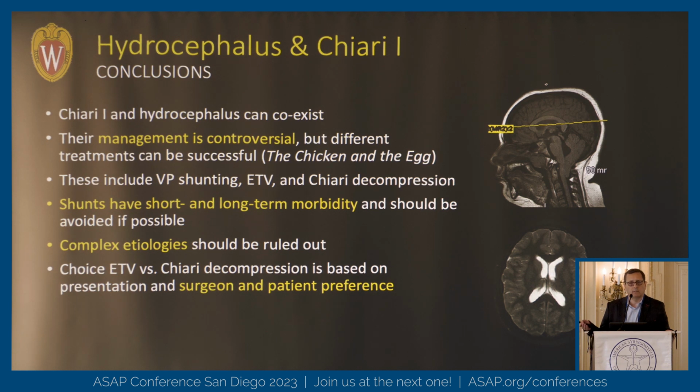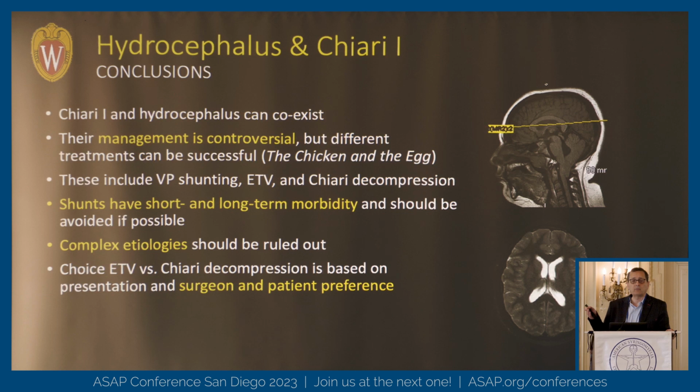What caused what? How likely is it that there was a coincidental occurrence of Chiari I and hydrocephalus and not one causing the other? How likely is hydrocephalus to cause Chiari malformation? Very unlikely. We have thousands of children with hydrocephalus, very rarely presenting with Chiari malformations.